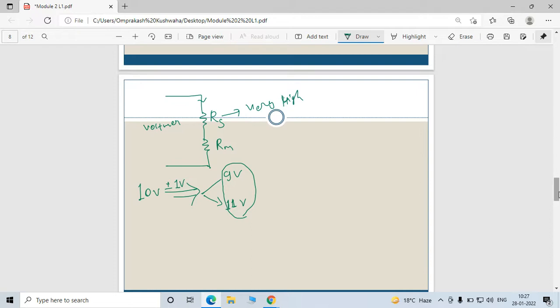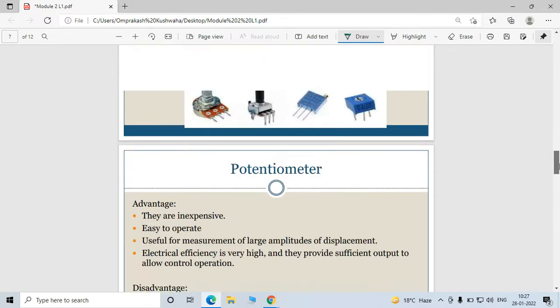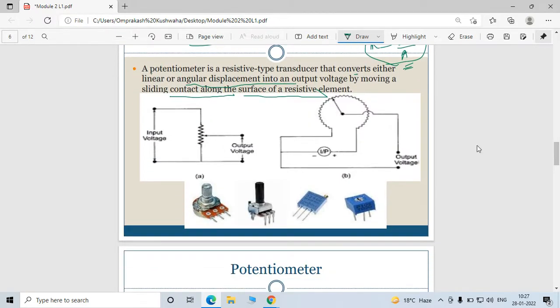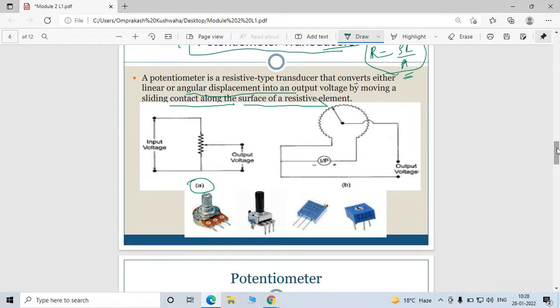So how does this potentiometer work? See, this is the first type, which is linear displacement, and this is angular displacement. Depending on your application, if you want to measure a linear displacement, you can convert that displacement into the output voltage.